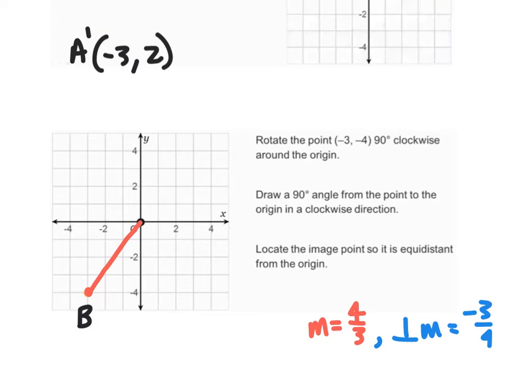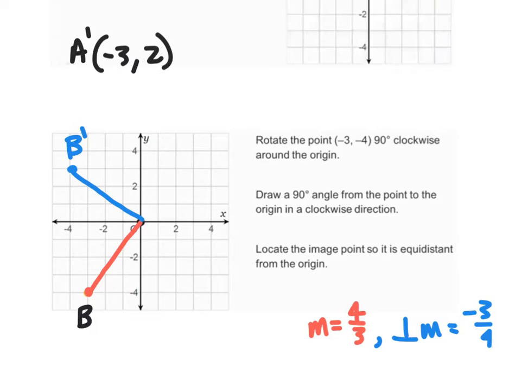So from here, I want to go up 3 over 4, and then my slope is going to go in that direction. If I were rotating this counterclockwise, I would have gone down 3 over 4 to put that point there. And so here's that new point. This is going to be B prime.